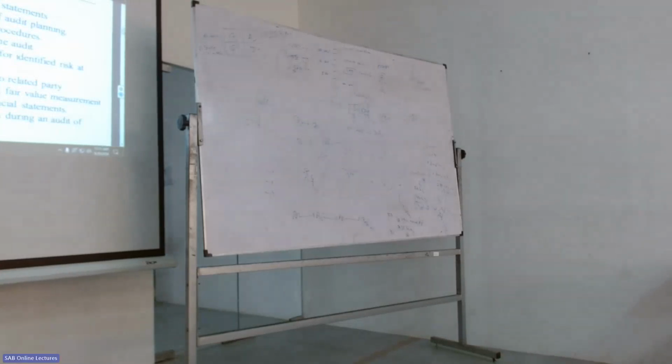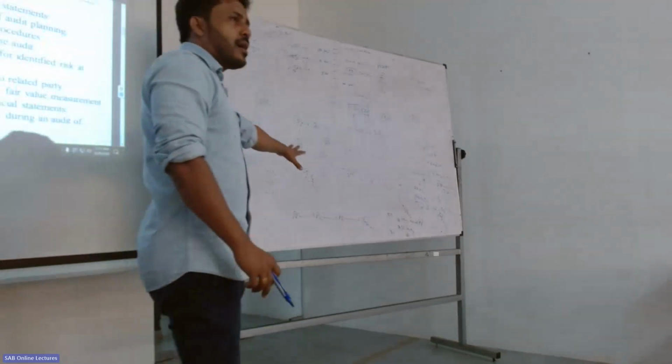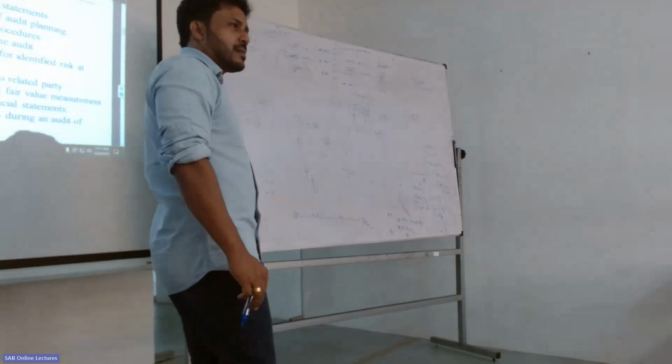Fair value, right? Discuss the use of experts and internal auditors in the audit of financial statements. Explain consideration of compliance with laws and regulations during the audit of financial statements. Have you discussed this? Yes, under general audit procedures.